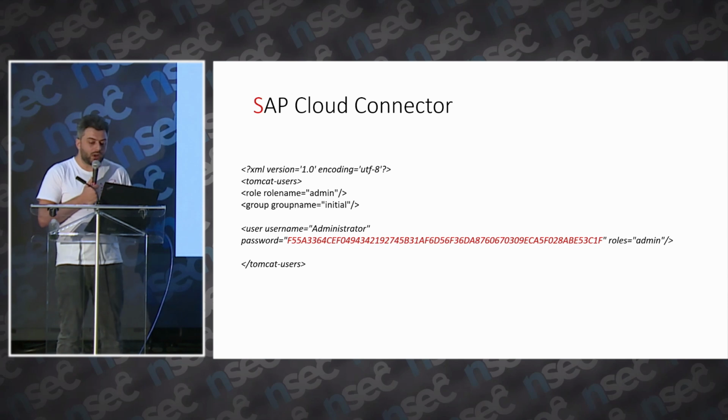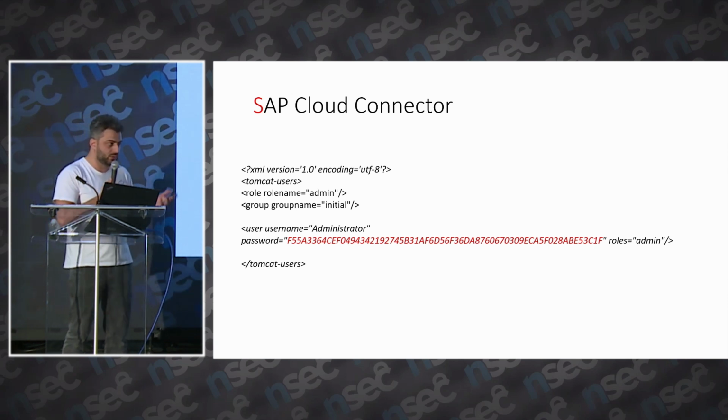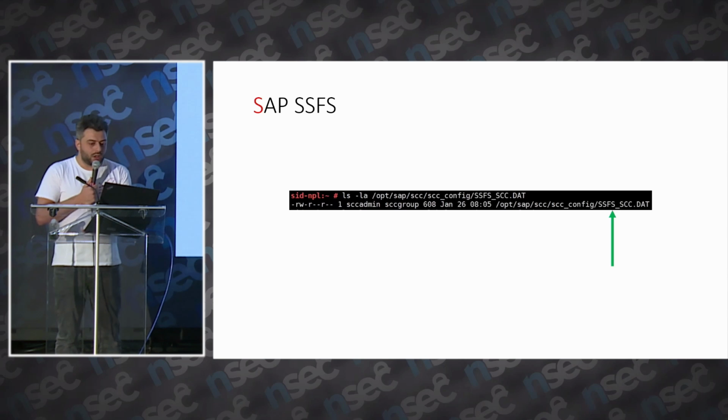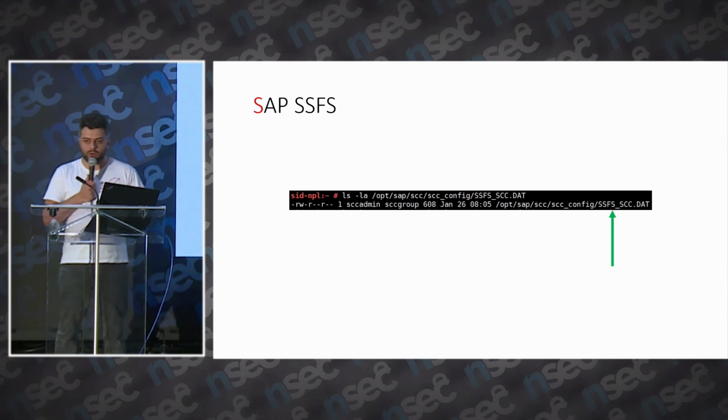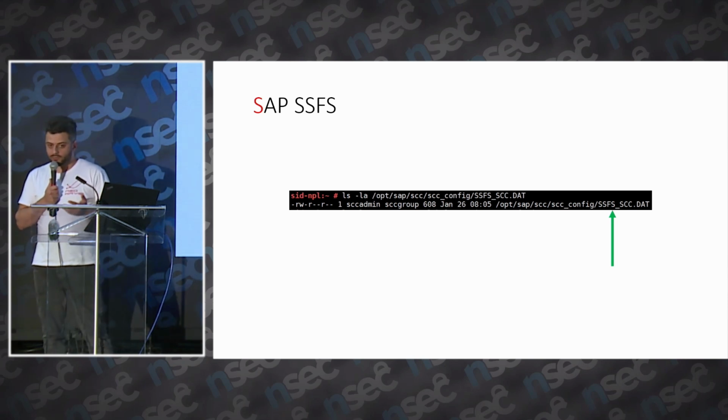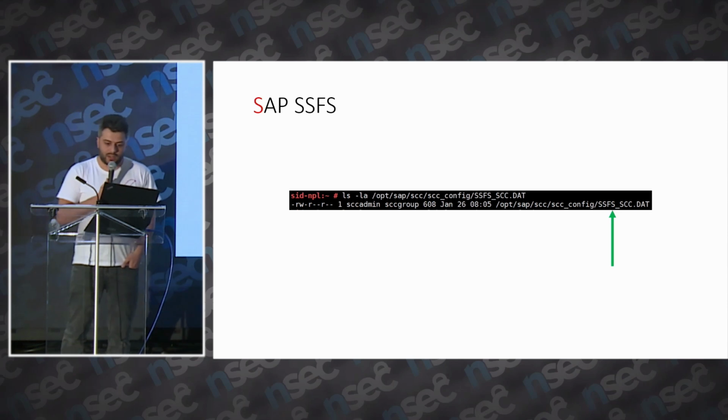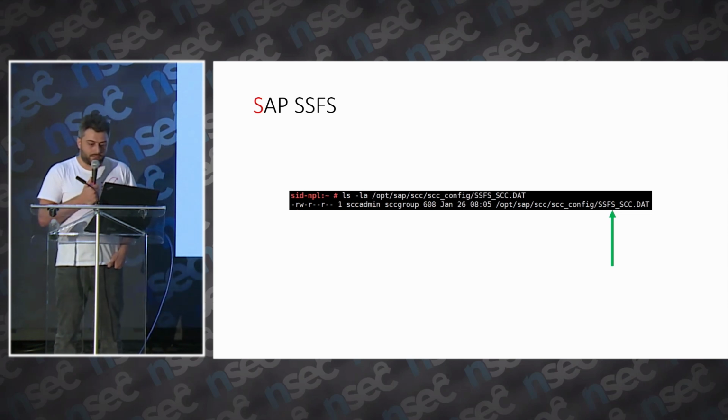So we continued to analyze the system to find other ways to discover the password. We found the SAP SSFS file. The SSFS is the SAP secure storage, and we should try to decrypt this secure storage.